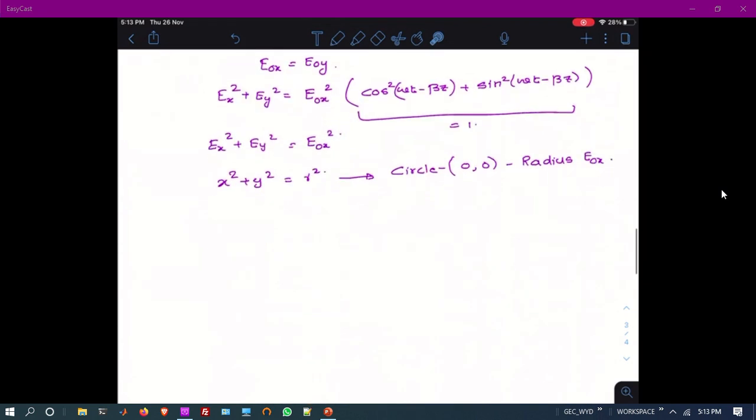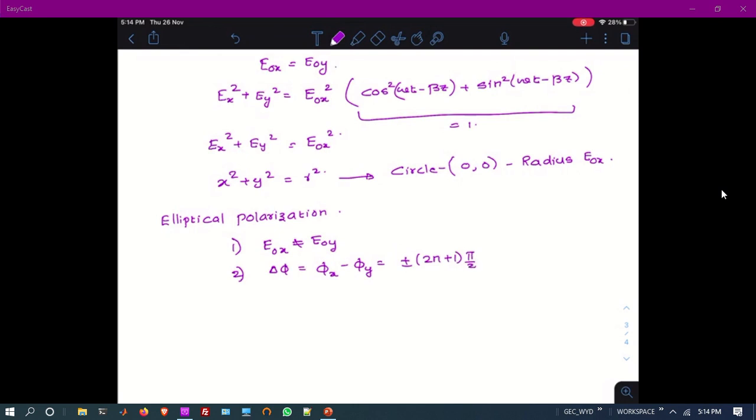Now these two are special cases of something called elliptical polarization, in which the condition is Eox need not be equal to Eoy, and the phase difference delta phi, which is phi x minus phi y, is equal to plus or minus (2n plus 1) times pi by 2, n equal to 0, 1, 2.